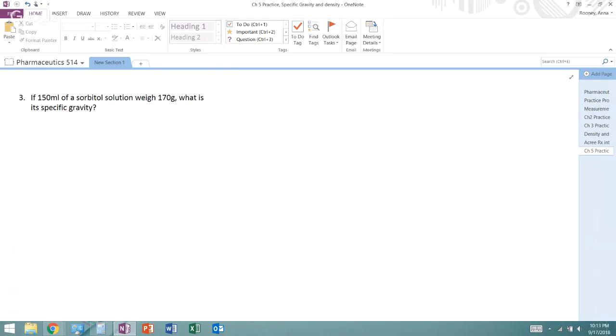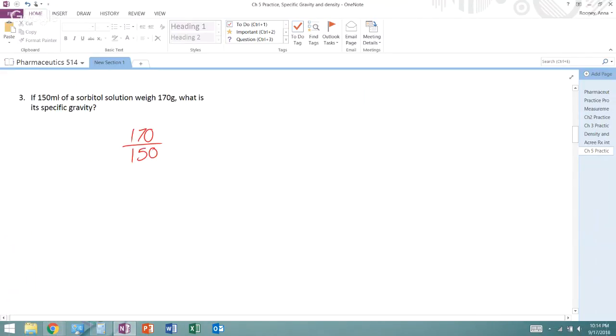All right, here's the new stuff. If 150 milliliters of a sorbitol solution weighs 170 grams, what is its specific gravity? It would be 150 mLs of water would be 150 grams. So take 170 and divide it by 150.